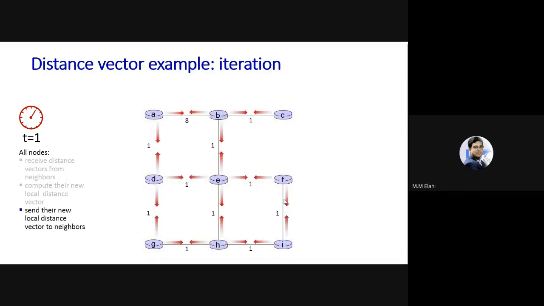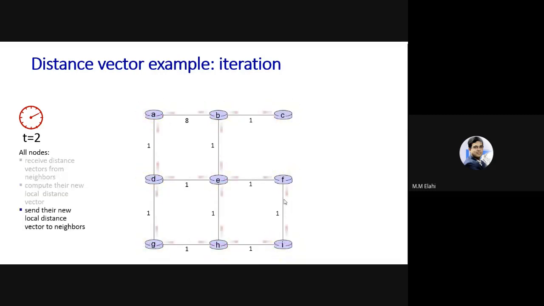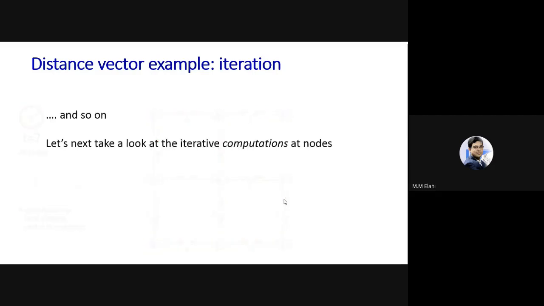If no update, don't. Next iteration, at t equals 2, all nodes will receive distance vectors from neighbors. If there is any update, compute their new local values and then send their new ones. The same process continues and so on. We don't know how many steps we need until the final point.